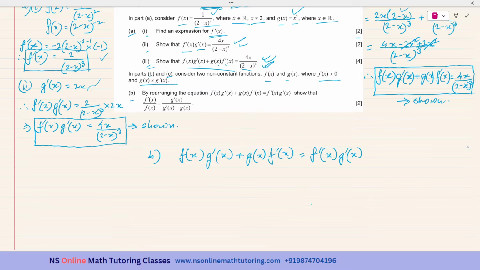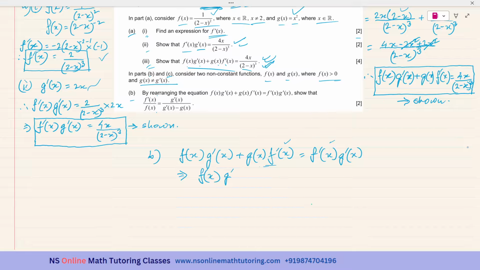Okay, and I need f dash x over f of x. So this term is containing f dash x, and this is having f dash x. So let me take this term to the right side, or I can subtract g of x times f dash x from both the sides.